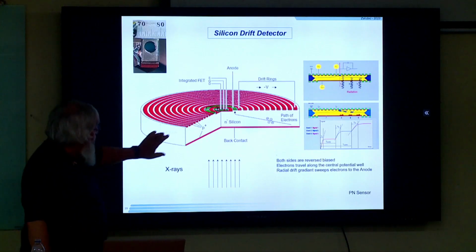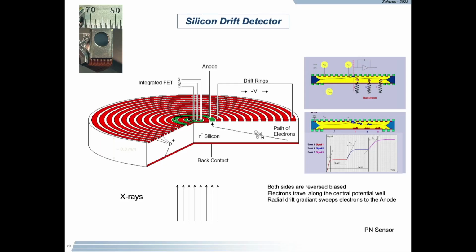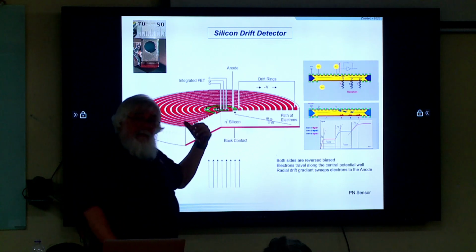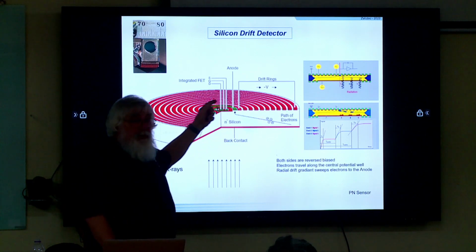All right, the SDD is, again, very thin. What happens in the SDD, rather than having one big capacitor, is we have a back contact. The X-rays come in and dump energy into the silicon, which creates electron hole pairs. On the other side of the silicon, not the side that the X-rays come in but the back side, there's a set of voltage rings.